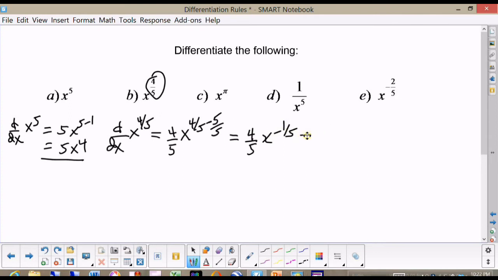And if you wanted to, you could write that as 4/5 over x to the 1/5 power. In other words, you could put the positive power down in the denominator.